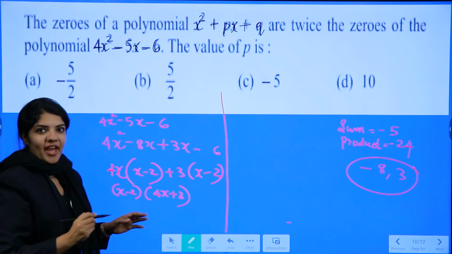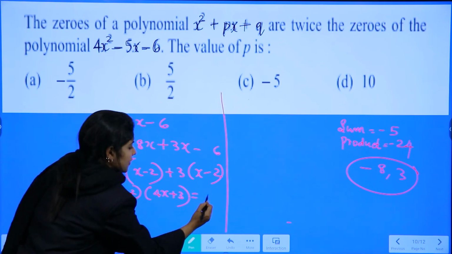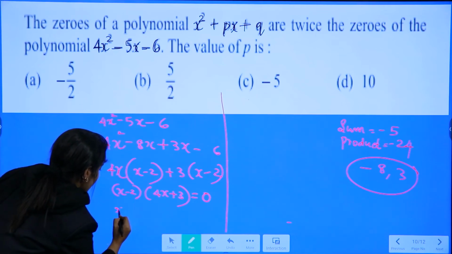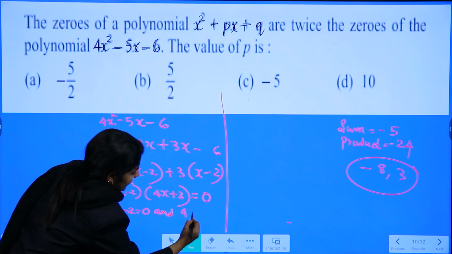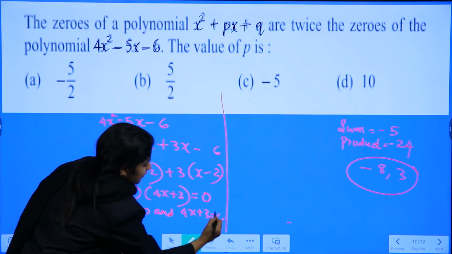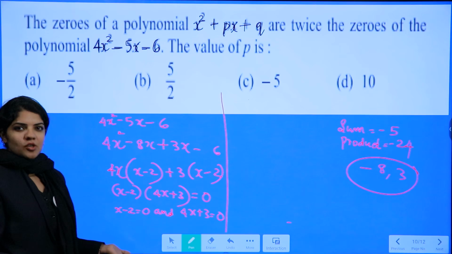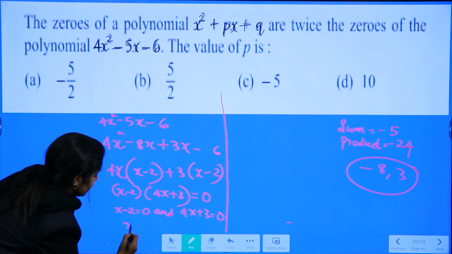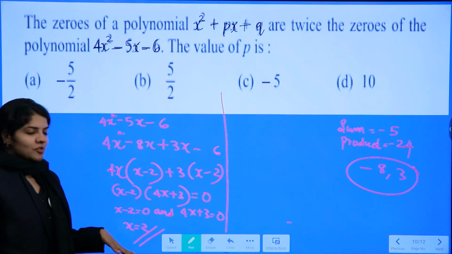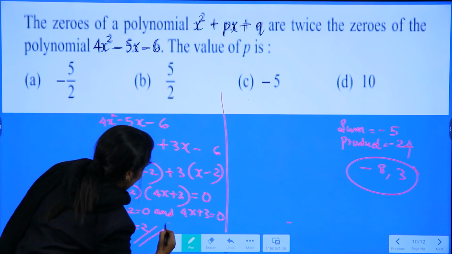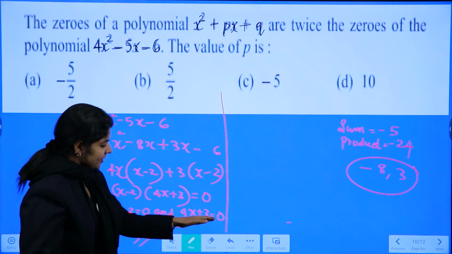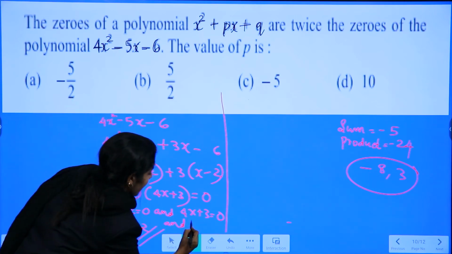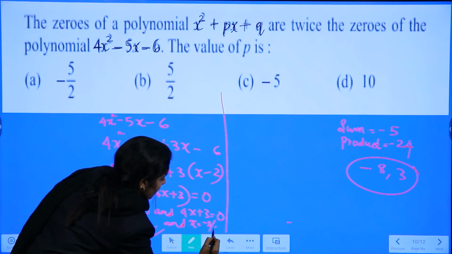We have to find the zeros here, so I am equating it to 0. So x minus 2 is equal to 0 and 4x plus 3 is equal to 0. X minus 2 is equal to 0 means x is equal to 2. This is one value for x, and then 4x plus 3 is equal to 0 means 4x is equal to negative 3 and x is equal to negative 3 by 4.